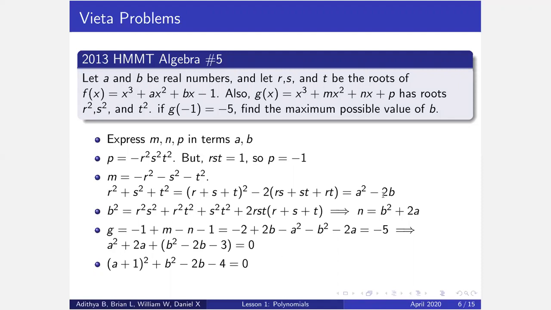So b squared minus 2b minus 4 is less than or equal to 0, and you guys know how to solve quadratic inequalities. This just gives that b has to be between the roots of the quadratic. So b is less than or equal to 1 plus square root 5.